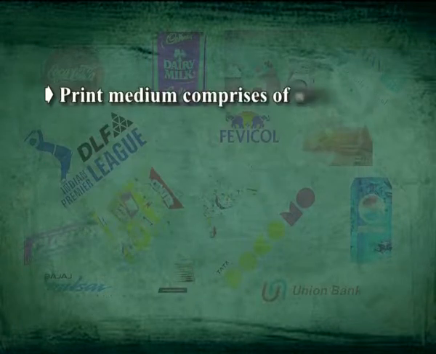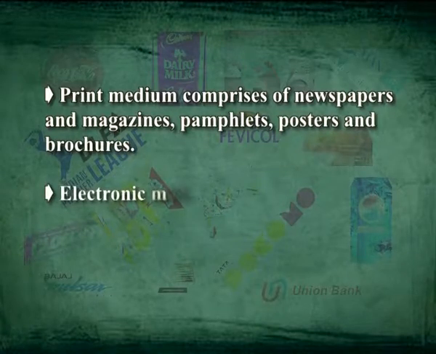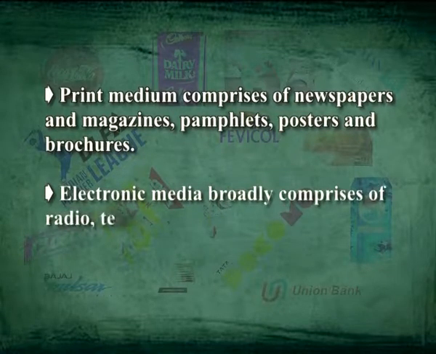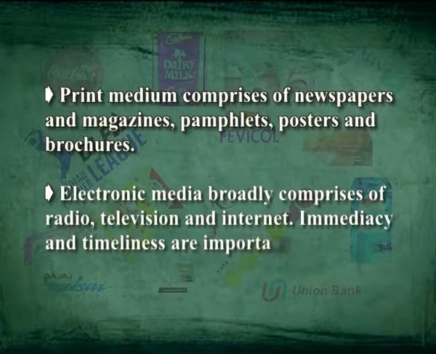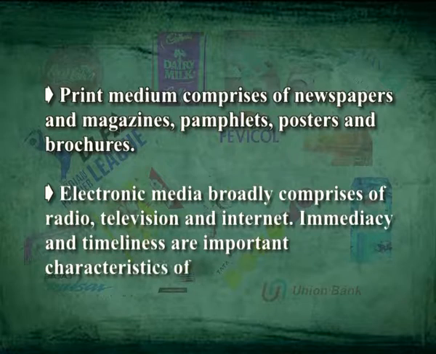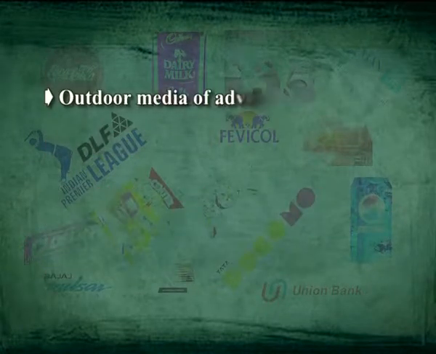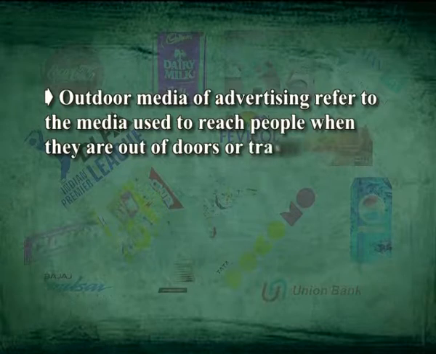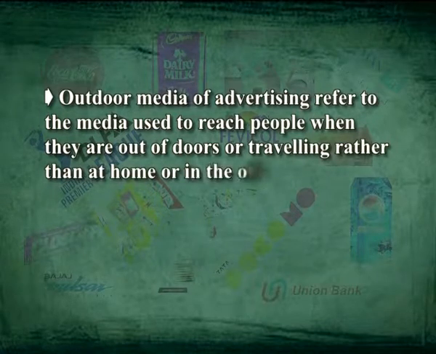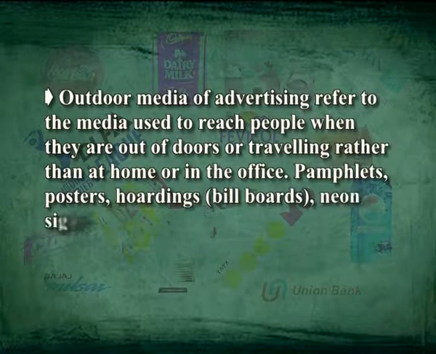Print medium comprises newspapers and magazines, pamphlets, posters, and brochures. Electronic media broadly comprises the radio, television, and the internet. Immediacy and timeliness are important characteristics of electronic media. Outdoor media of advertising refer to the media used to reach people when they are out of doors or traveling rather than when they are at home or in the office.